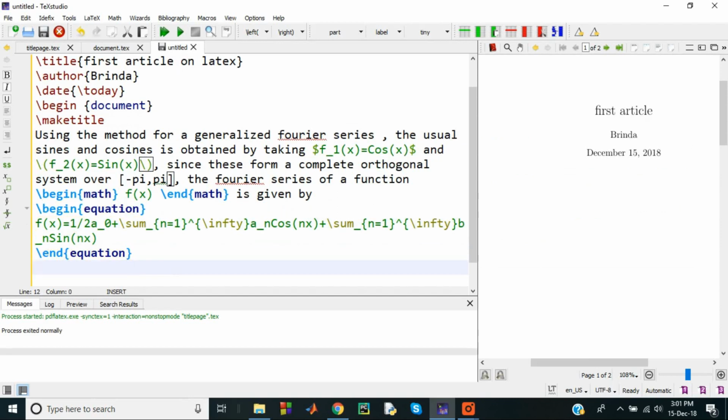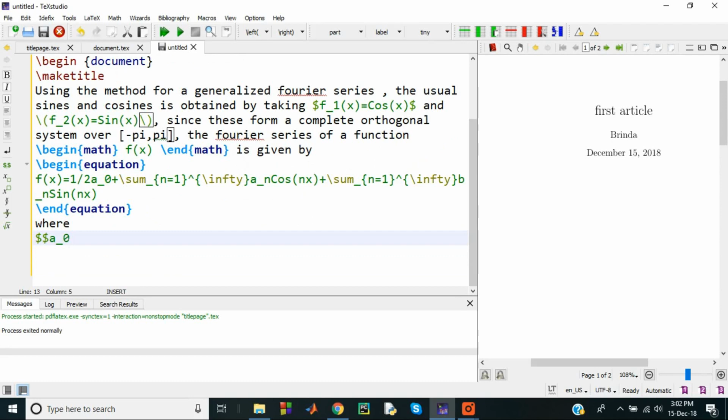We also have three more equations to display. We'll be using different delimiters for that. For example, I can take double dollar sign. a naught is equal to 1 by pi integral f of x dx from minus pi to pi. To display 1 by pi, we'll use fraction, fraction 1 by pi.